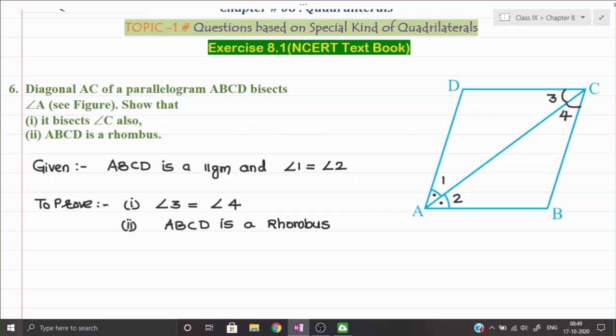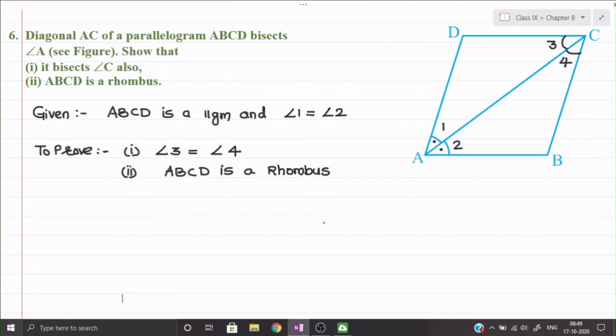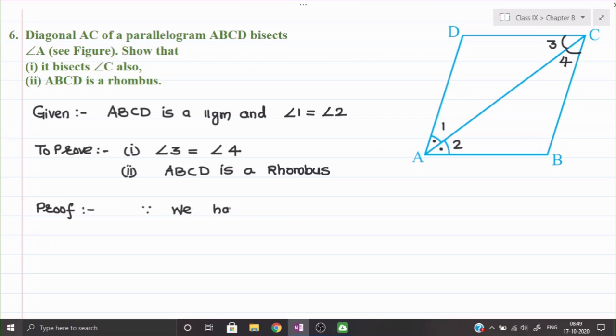Okay, now further let us see the proof. So in the proof, first of all, we'll write down, since we have given that angle 1 is equal to angle 2. This is my equation number 1.